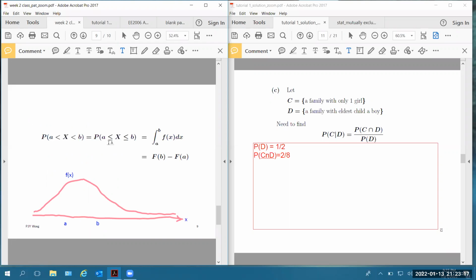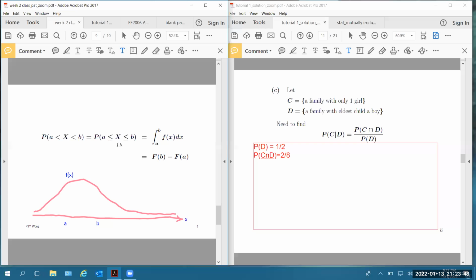Here we realize that it's actually the same as this one with an equal sign. This one is strict inequality, but here there is an equal sign. And we find that whether you put the equal sign or not, doesn't matter. The probabilities are the same. This only happens in a continuous random variable. So whether you put equal sign or not, doesn't matter.